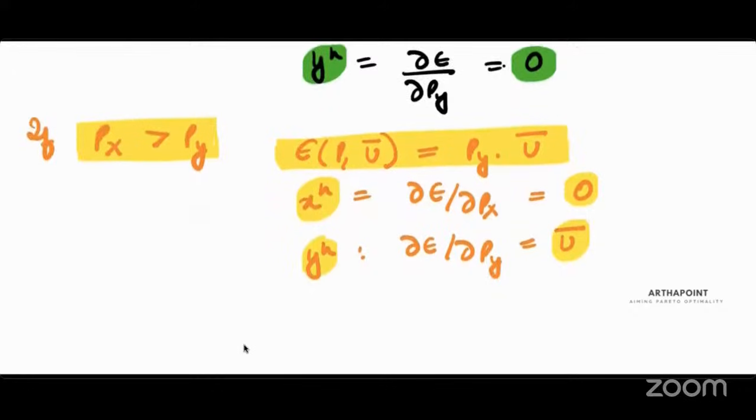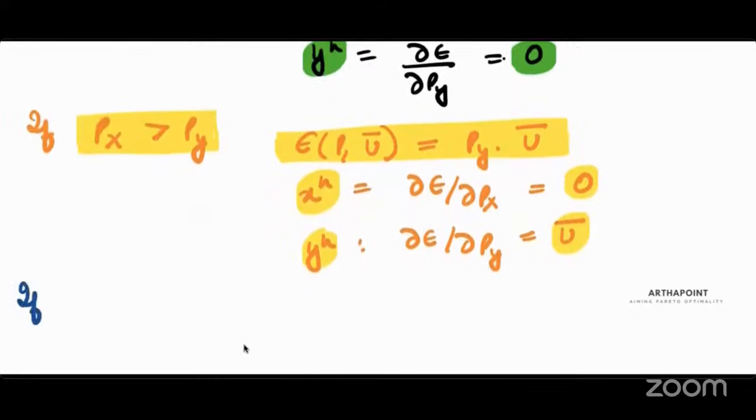Take the third case. If Px is equal to Py, then your expenditure function can be written as anything. You can write it as Px, you can write it as Py.